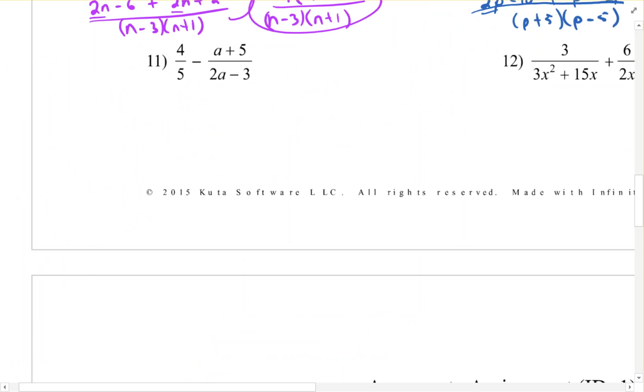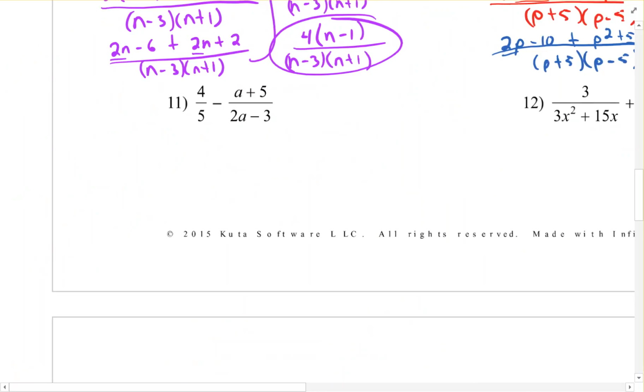All right, 11. So our common factor here is going to be 5 times 2a minus 3. So that's what we want to get to. So I'm going to multiply the left side here, I need to multiply that by 2a minus 3, and also the top by 2a minus 3.